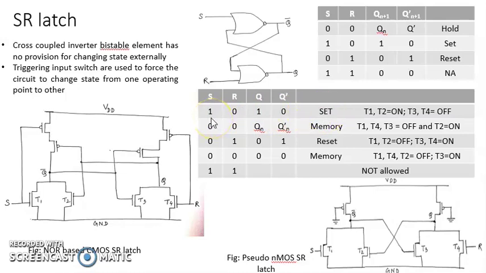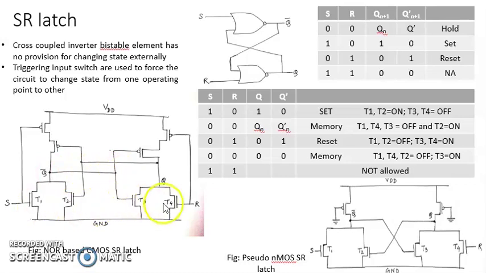Now if we make the input S also equal to 0, let us see what happens. If S is equal to 0, T1 is off, R is also equal to 0, so T4 is also off. In the previous state, since Q is equal to 1, this transistor T2 will also remain on, and since this voltage is 0, T3 will remain off.